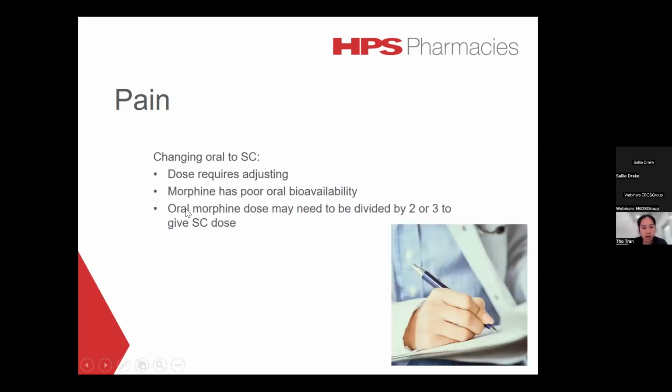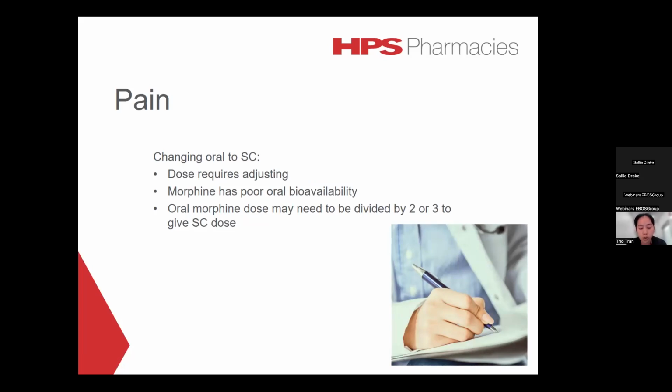For patients who are already taking an opioid, their usual therapy can continue. However, we have to convert the oral dose to a subcut dose if required.